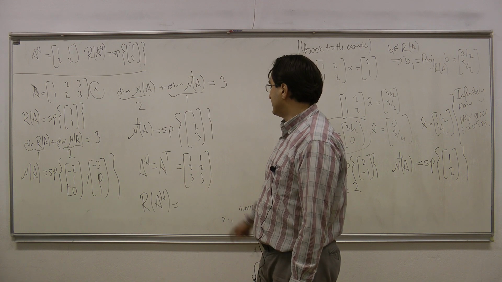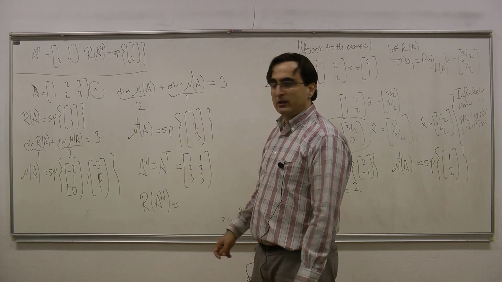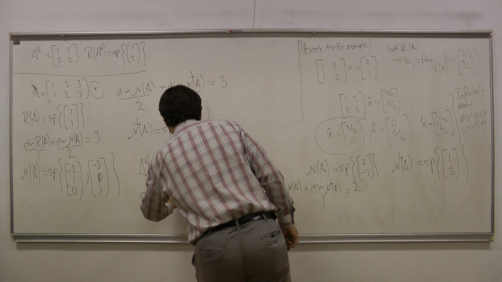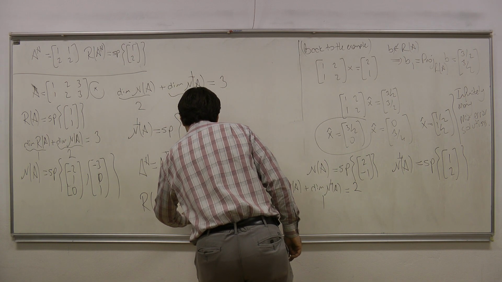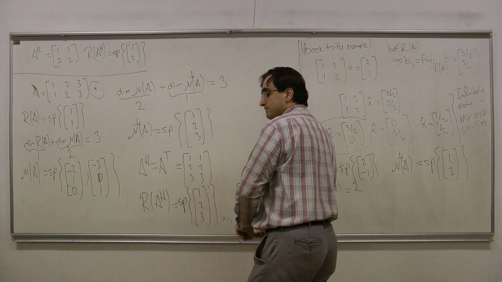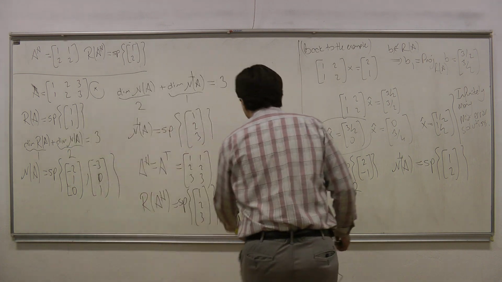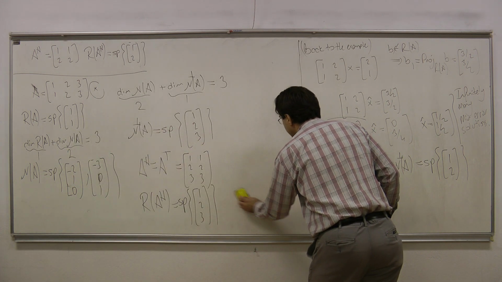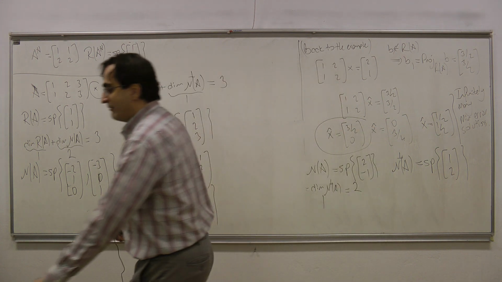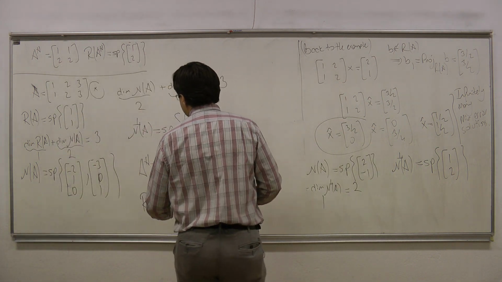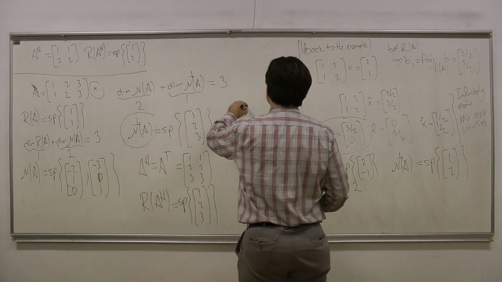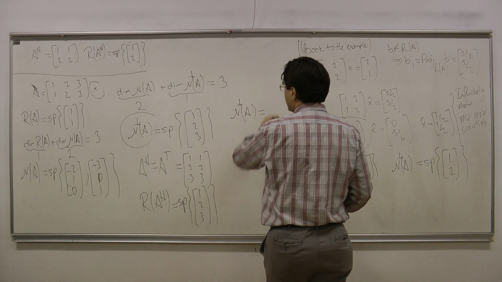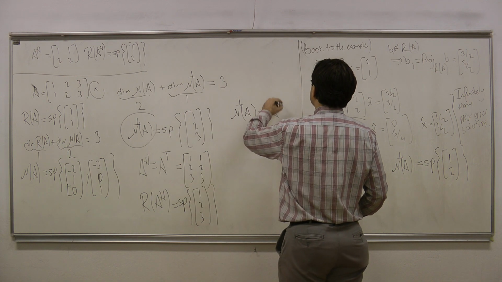There is only one linearly independent column, so this is going to be the span of just one of the columns, (1, 2, 3). So you see that here I have again the same fact: the null space of A orthogonal complement is equal to the range space of A Hermitian.